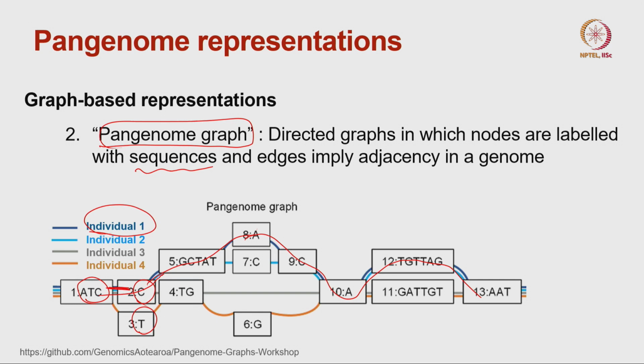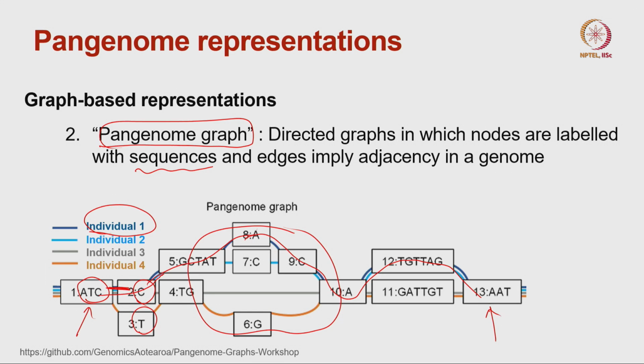Now, what you are observing in this graph is that the differences in the genome sequences appear in the form of bubble like structures, and wherever you have conserved sequences that are universally present in all the genomes, for example this node as well as the final node, those are collapsed into a single vertex.